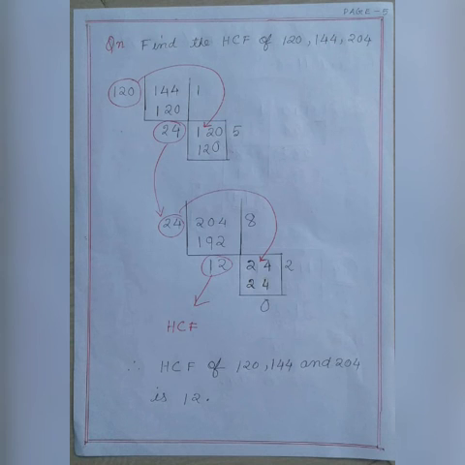Now 24 is brought back as dividend. If I divide 24 by the remainder 12, I get 2 and remainder 0. Therefore HCF is 12. So the HCF of 120, 144 and 204 is 12.